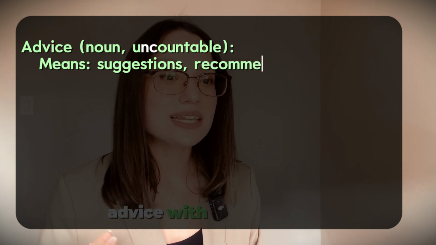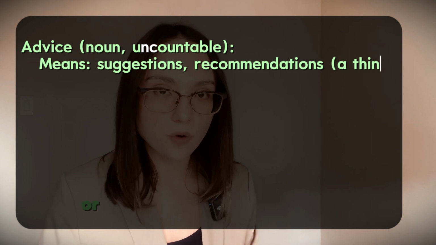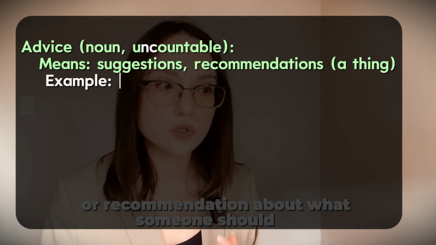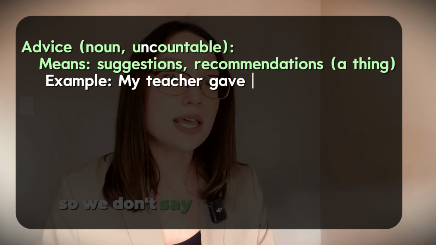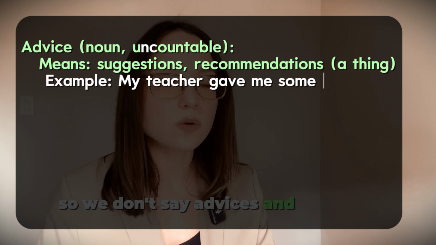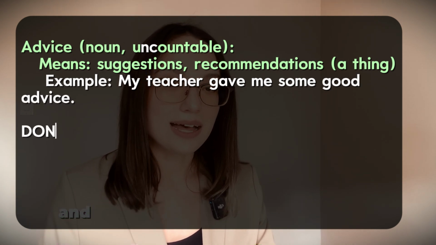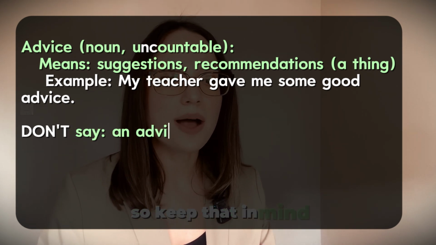Advice with a C is a noun. It means suggestion or recommendation about what someone should do. It's an uncountable noun, so we don't say advices and we don't add an article; an advice is grammatically incorrect, so keep that in mind.